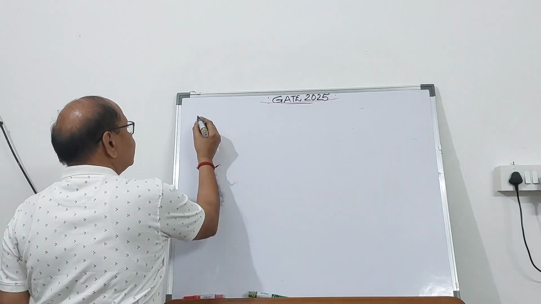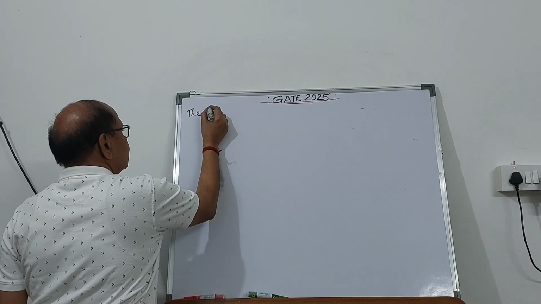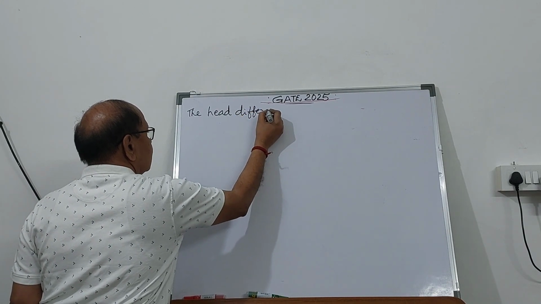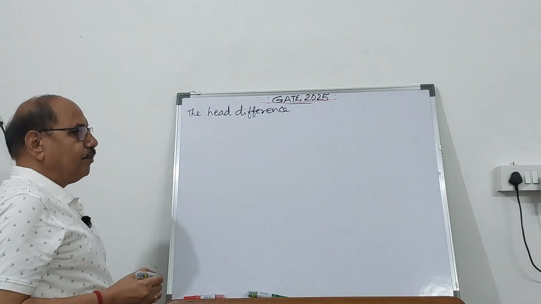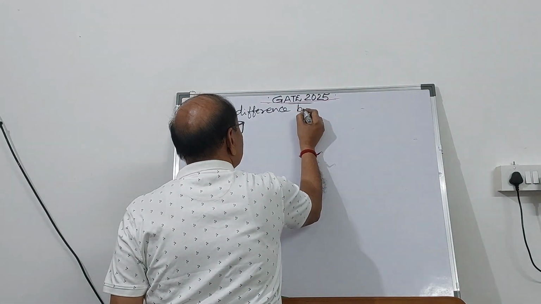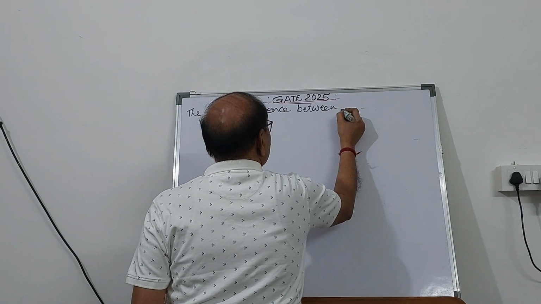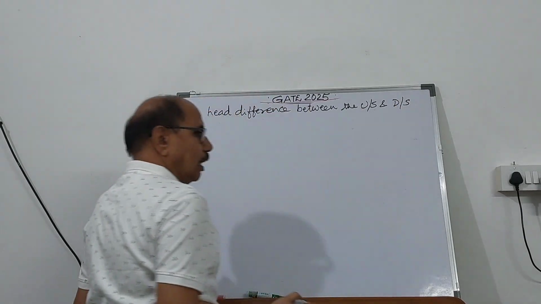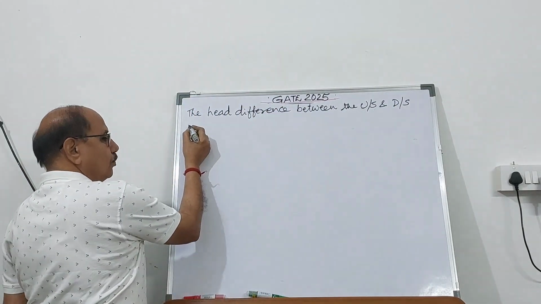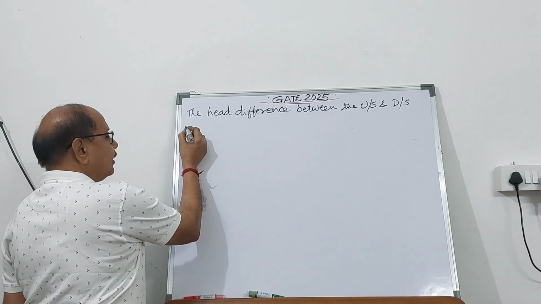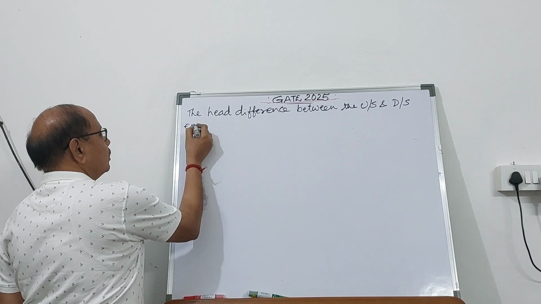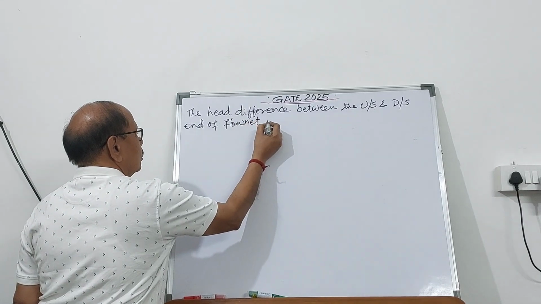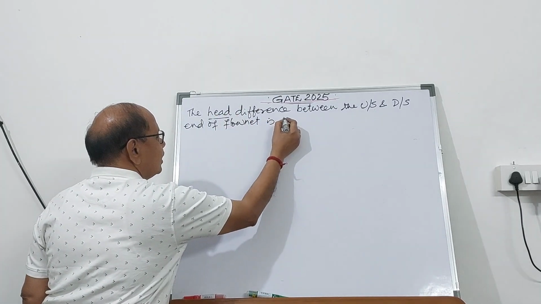Now, the head difference between upstream and downstream end of the flow net is 9 meter.